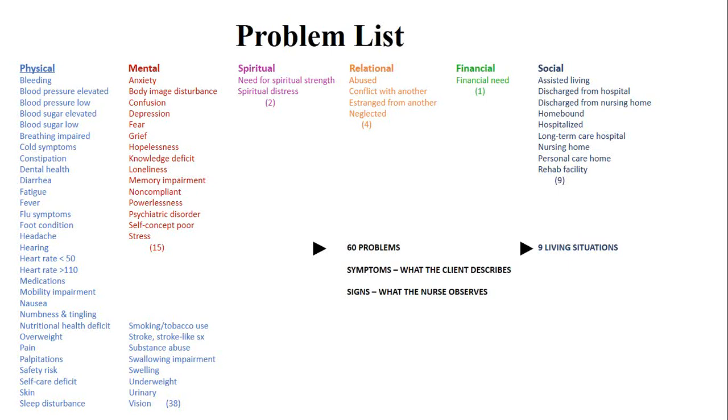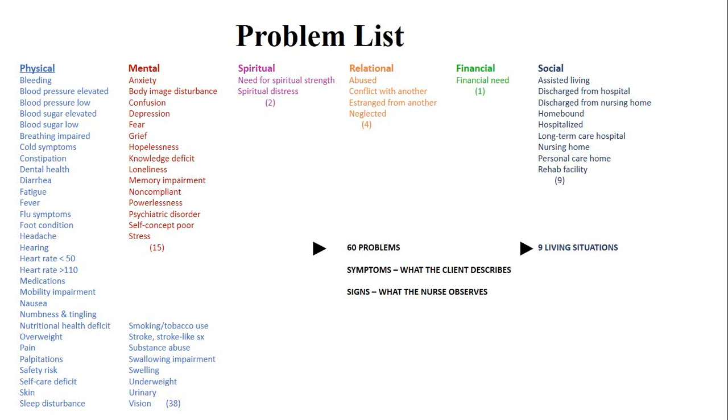And when you look at it a little closer, you can see that it is based on symptoms, what the client describes to us, and signs, what the nurse observes. That's how the problems are defined.